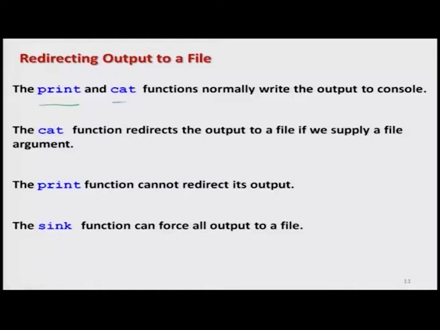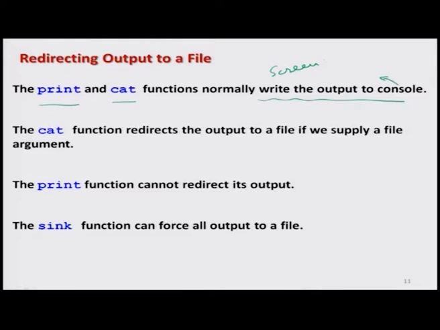If you try to recall, print and cat are the functions which are used to write down the output of a program, but both these functions were used to write the output to the console. Console, in simple language, is the screen. That means whenever we run a program inside the R software, whatever output comes on the screen is the outcome on the console of the R software.